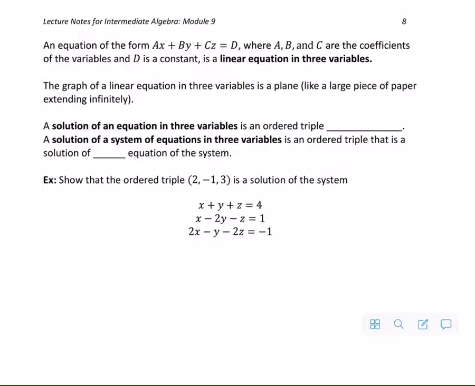Okay, now when you graph an equation that has 2 variables, you get a curve, okay? And if you graph a linear equation, you get a straight line, right? If you have 3 variables, you no longer graph on a plane, not on a flat surface like the chalkboard. You graph in space, in 3 dimensions, okay?